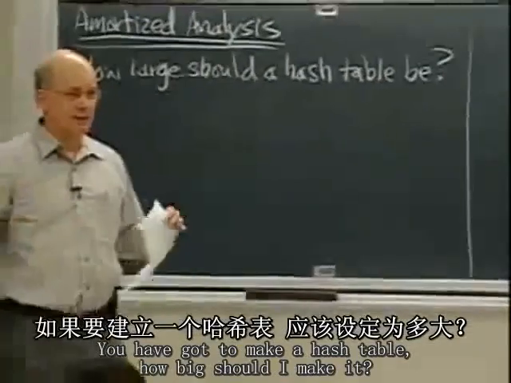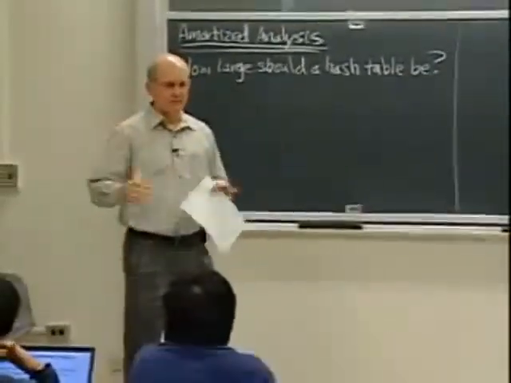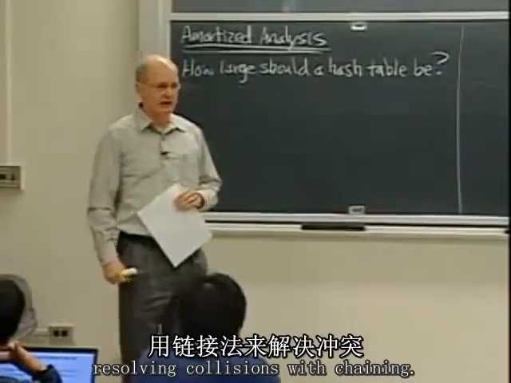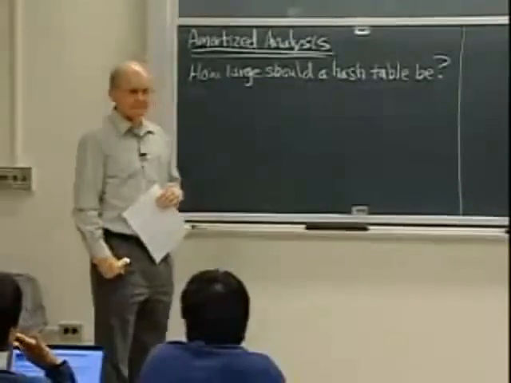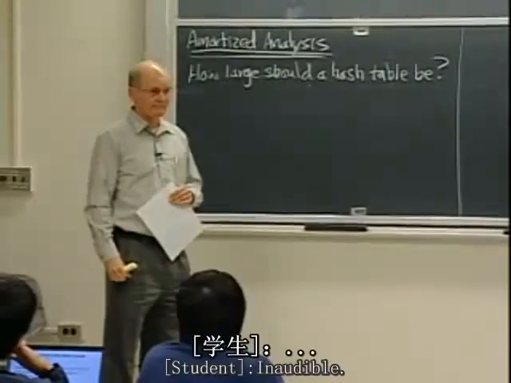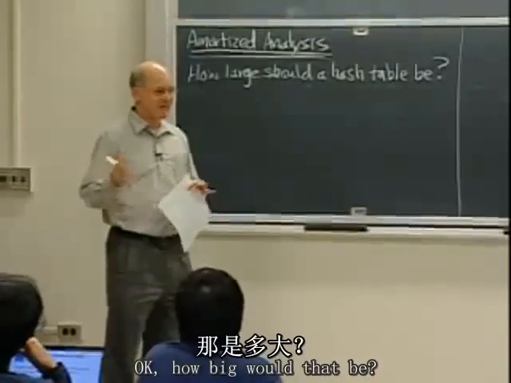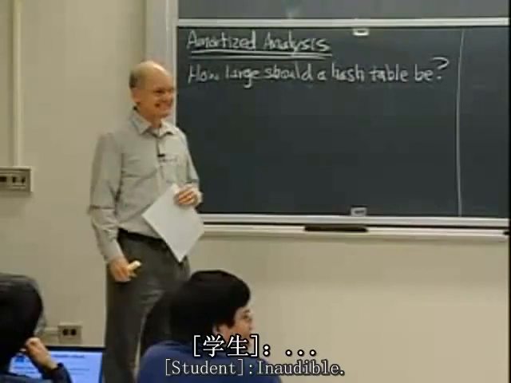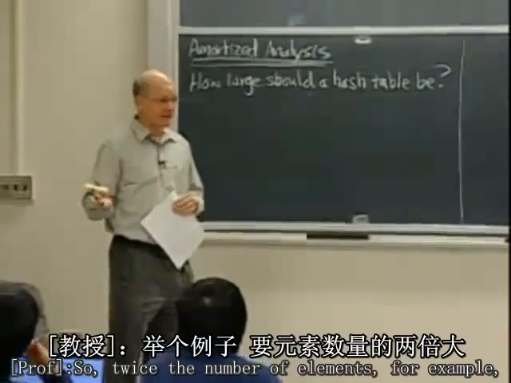How big should I make it? Let's say it's a simple hash table, resolving collisions with chaining. How big should it be? Twice as big as you need. Okay, how big would that be? So twice the number of elements, for example.